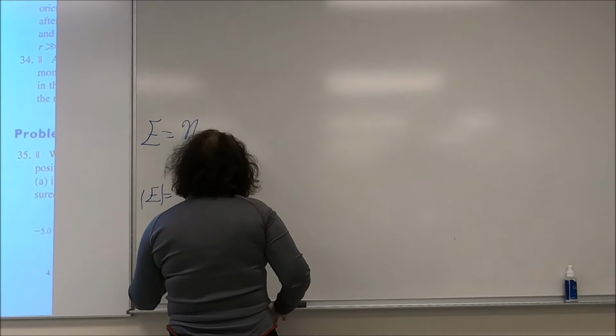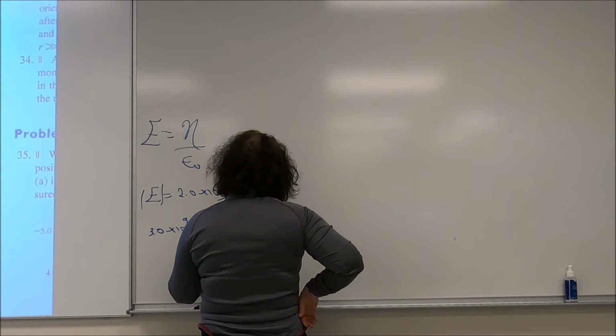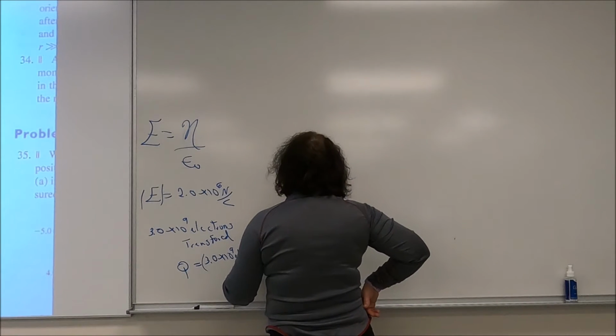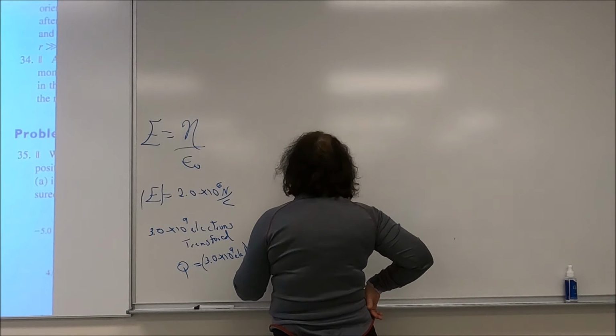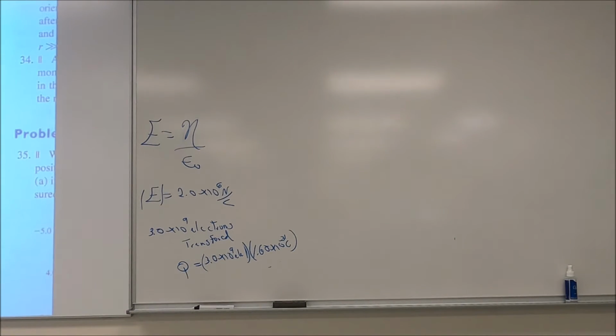So our Q is going to be 3.0 times 10 to the 9 electrons times the magnitude of e, which is 1.60 times 10 to the minus 19 coulombs. Now, if you don't remember what e is, it's one of those constants that is at the 10 to the minus 19. It's one of those constants that's in the front of your book.